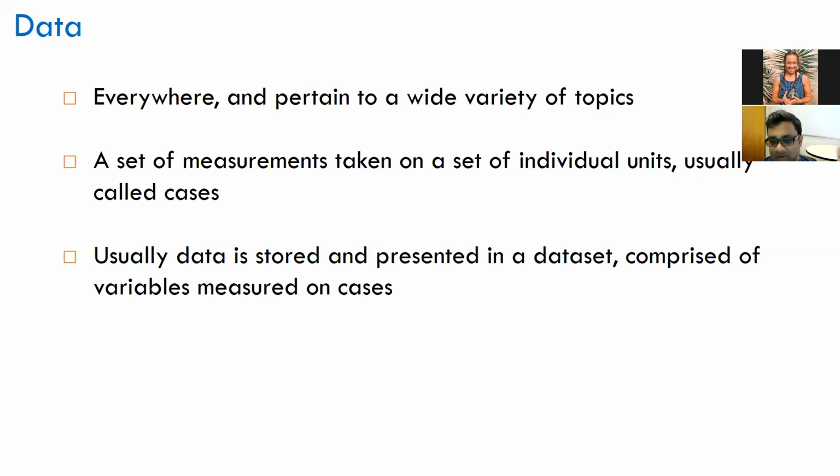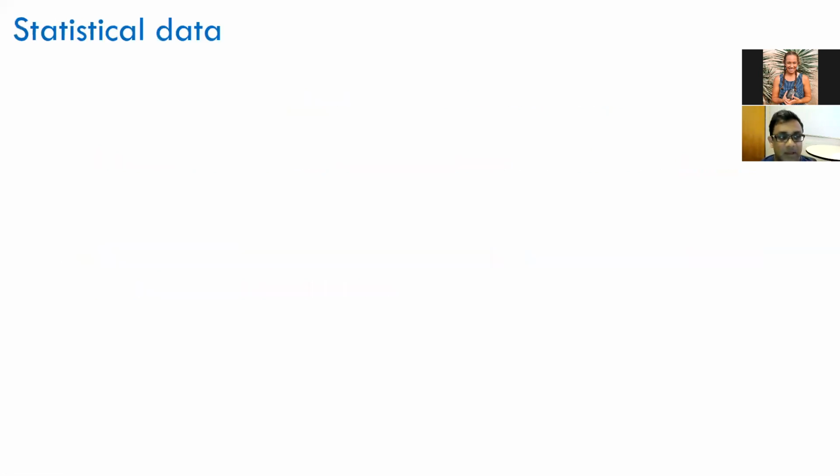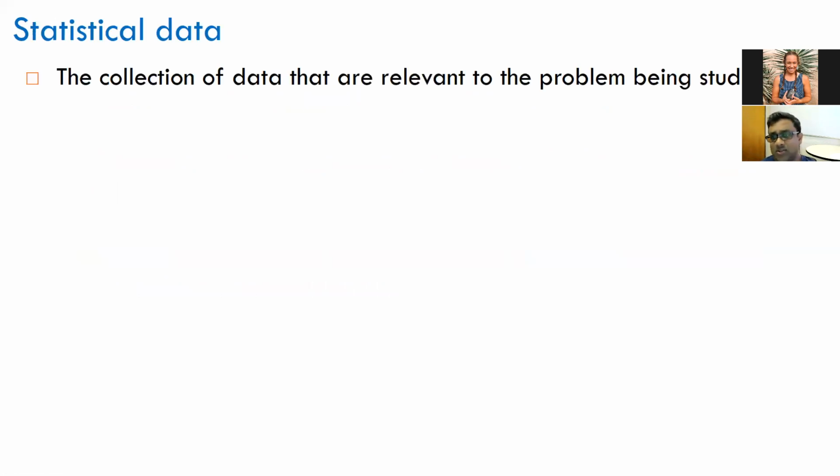So once you manipulate your data, basically for descriptive statistics, you have a basic idea. Based on that, you can start the analysis. Right, statistical data. Statistical data are a collection of data to study a problem. So basically, you will have a research question.